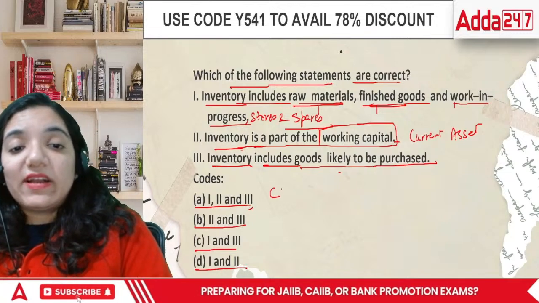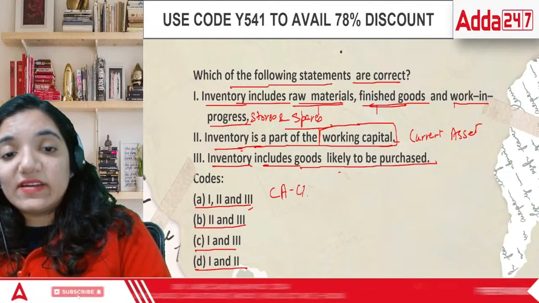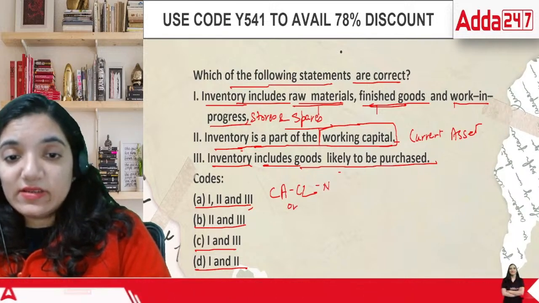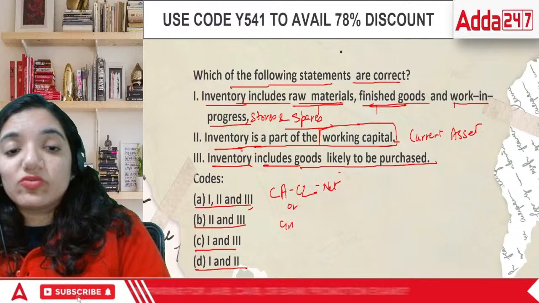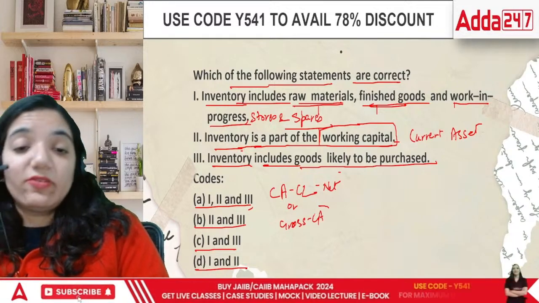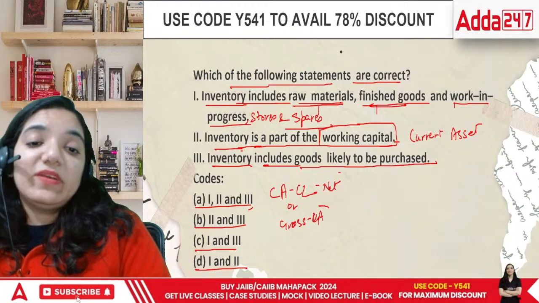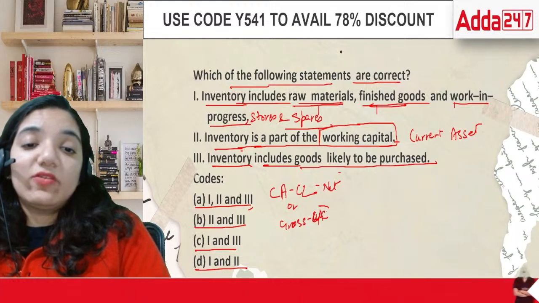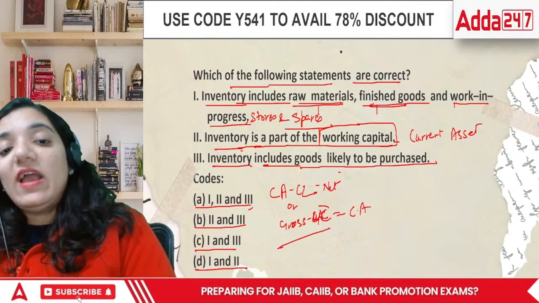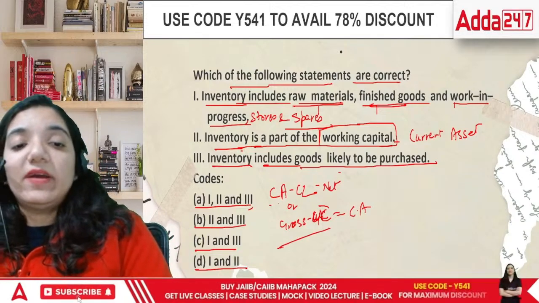If I look at my current assets minus current liabilities, that is net working capital. And if only gross total current assets are found, that is gross working capital. That means when you are considering only and only the current assets, it's called gross working capital, and net working capital is CA minus CL.